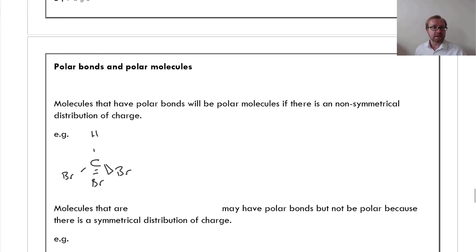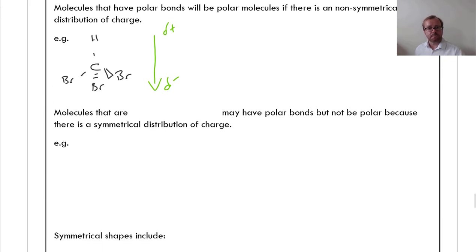This means that as we go down the molecule, the electrons will shift to here, which means this part of my molecule will be delta positive. Therefore, we can have a symmetrical shape but actually a polar molecule, and it's all to do with the non-symmetrical distribution of charge. Okay, so moving on.